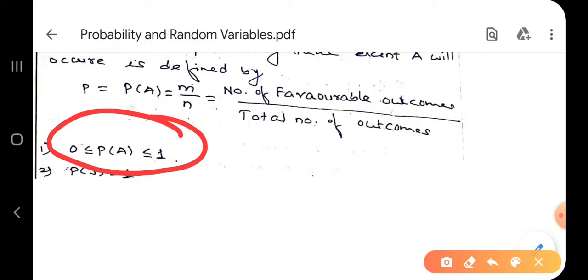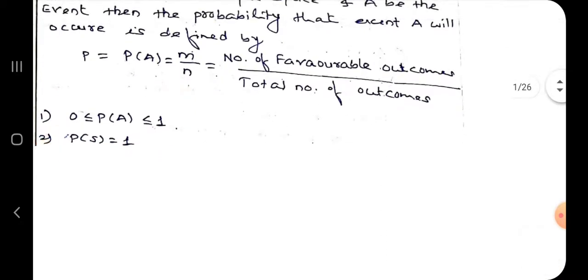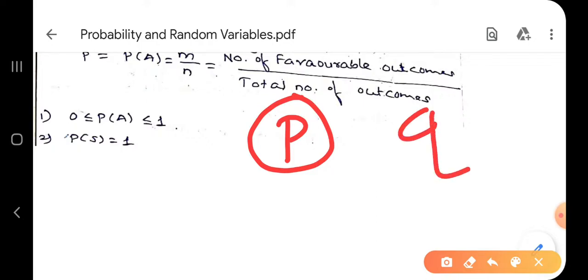We call this the probability of success, and it is denoted by small p. Same way I can find the probability of failure also. If the probability of success is p, then the probability of failure is q, and the total probability is always 1. Keep that in your mind.